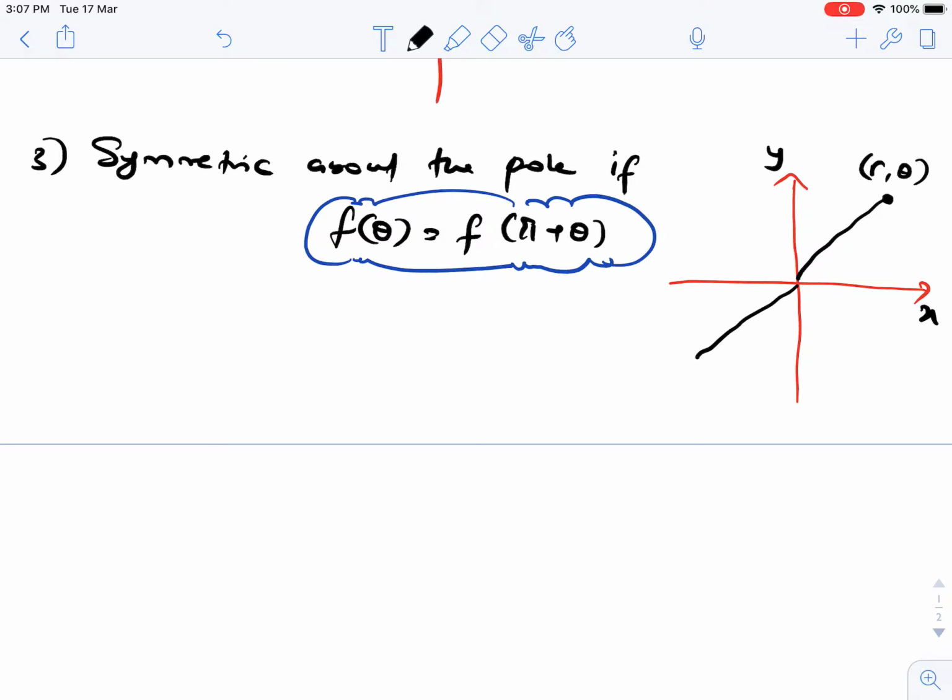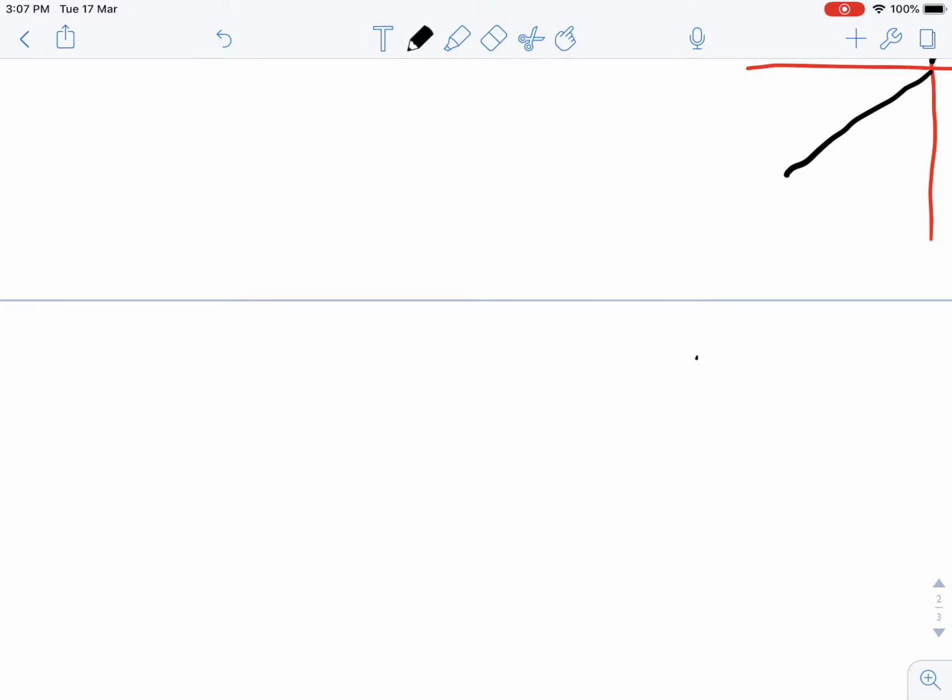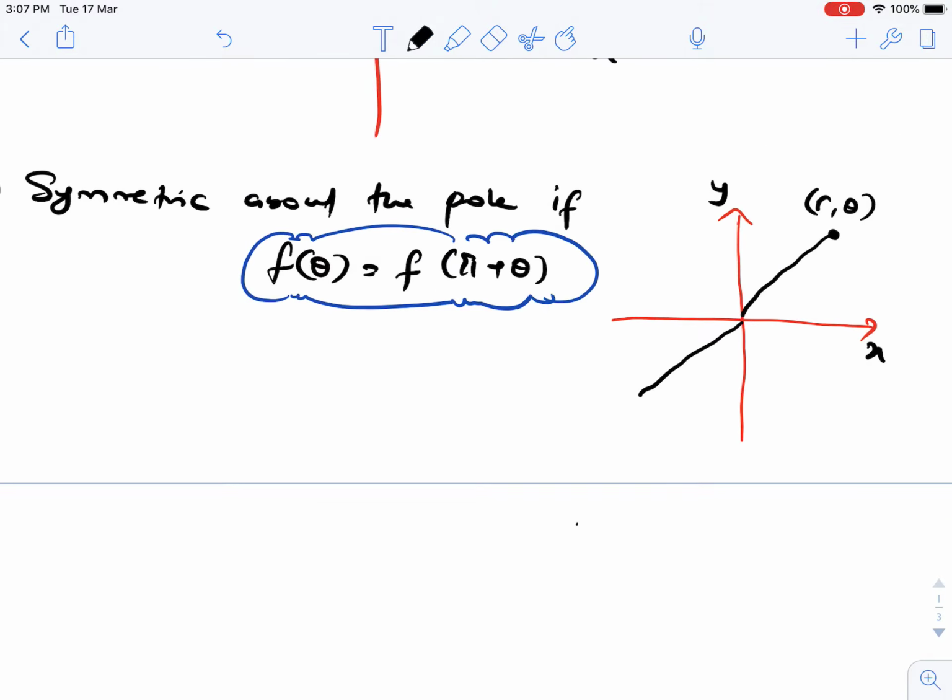So we can say that the curve is symmetric about the pole. This coordinate is r and pi plus theta. Or, if you remember plotting the polar coordinate, this is also equivalent to negative r theta. Okay. So now this is the angle of theta, and this is the angle for theta plus pi, or pi plus theta.